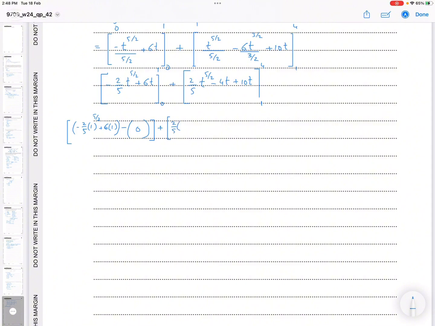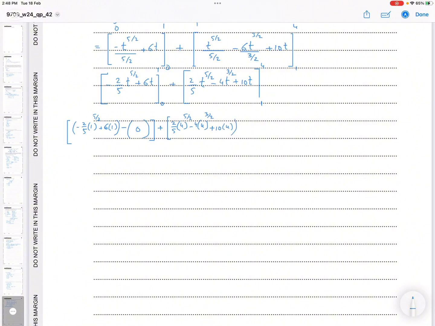2 over 5, upper limit is 4, power 5 by 2 minus 4 into 4, power 3 by 2. I forgot to write 3 by 2 here, plus 10 into 4.